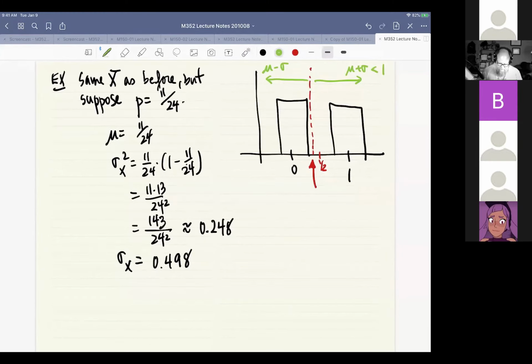And mu minus the standard deviation, 11/24 is about 0.458. So you subtract the standard deviation from mu, and you get a number that's less than 0. So that definitely clears the whole sample space. Anyway, this is an effect of changing your probabilities a little bit. It shifts the balance in your probability distribution.